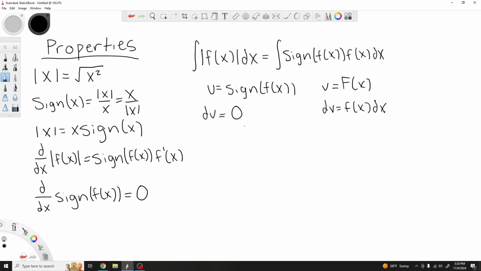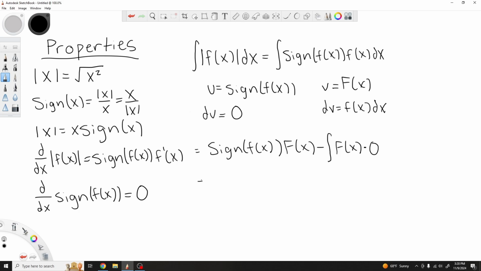Okay, so let's write this out. U times v is going to be sine f of x times capital F of x minus antiderivative f of x times du. Du is 0. So f of x times 0 is just going to be antiderivative 0.